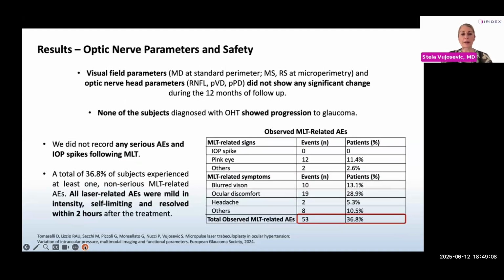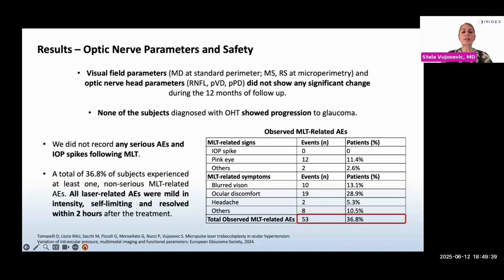The functional parameters of visual field and the retinal sensitivity, and the optic nerve head parameters, so the retinal nerve fiber layer thickness and the vessel density and perfusion density of the optic nerve, did not show any significant change during the 12 months of follow-up, and none of the subjects diagnosed with ocular hypertension showed progression to glaucoma.